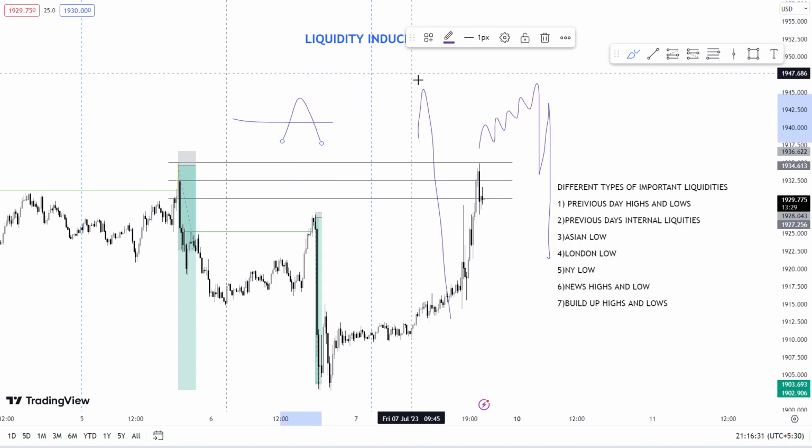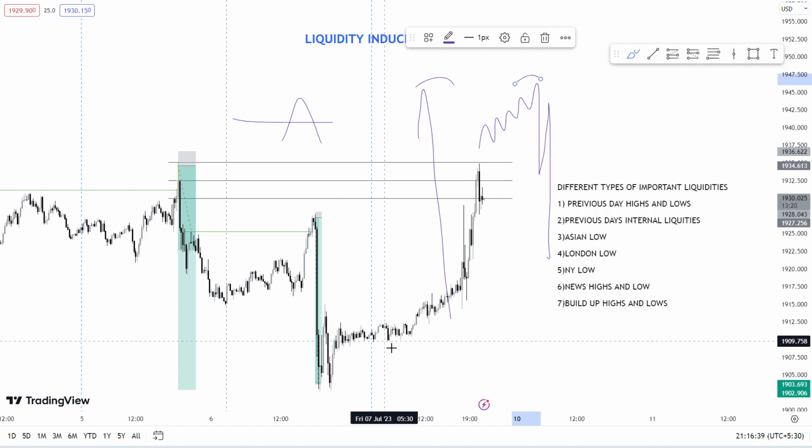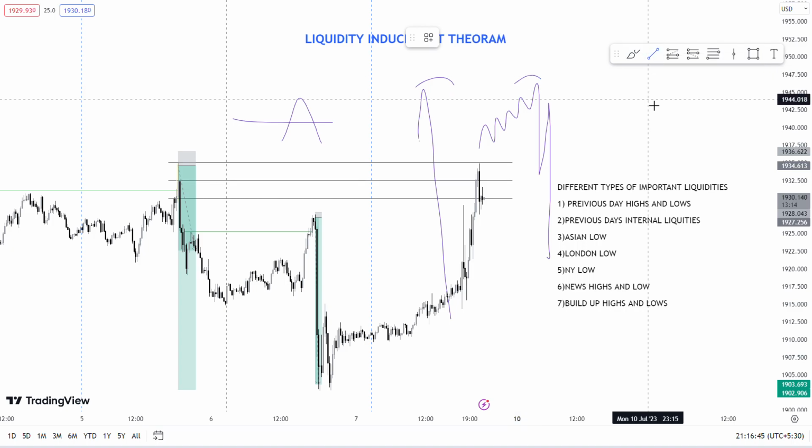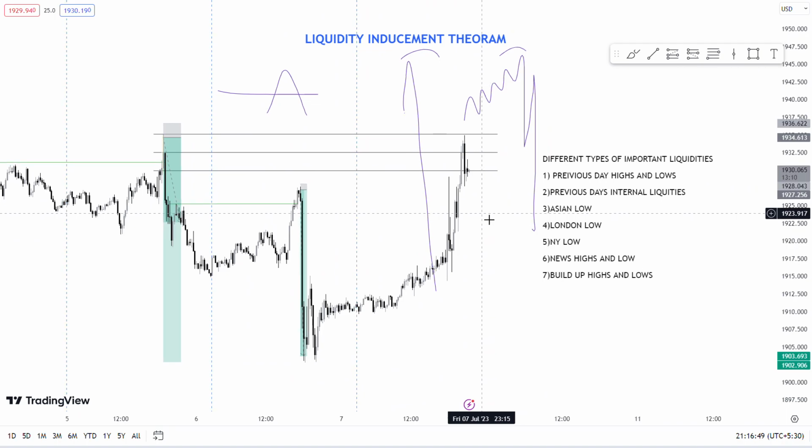But the entry pattern is different for all kinds of liquidity sweeps. So you should develop your own entry pattern, because the entry pattern will always be different compared to the other one.